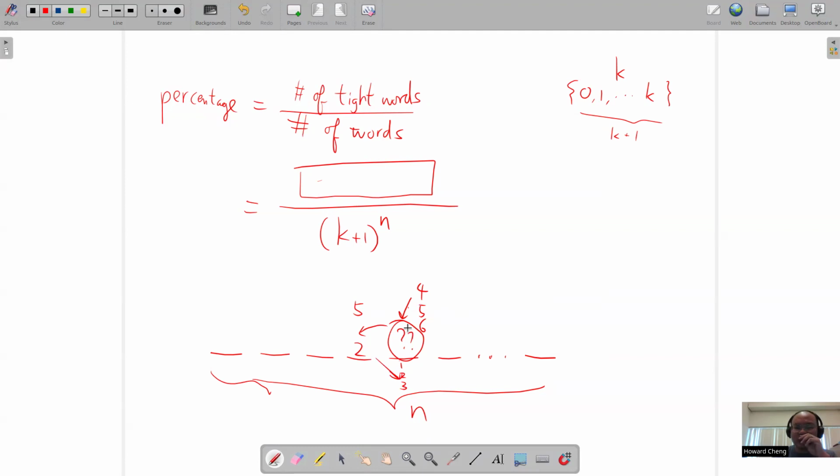So what you can choose at any particular spot depends on what the previous digit is. All right. So somehow you have to know what is the previous digit.